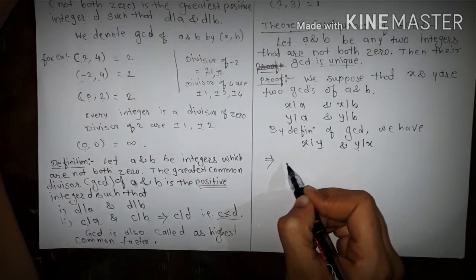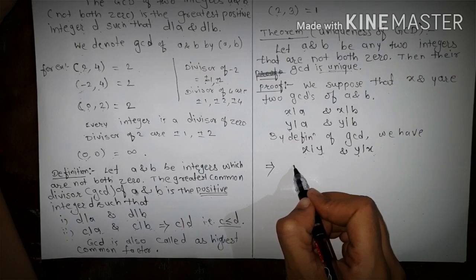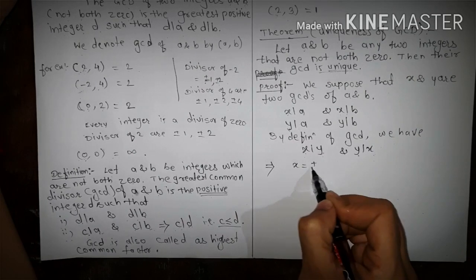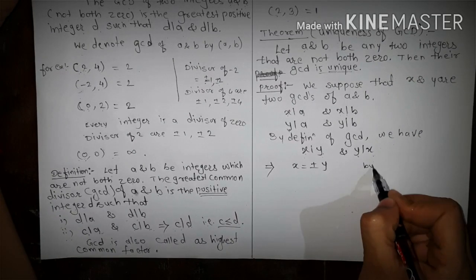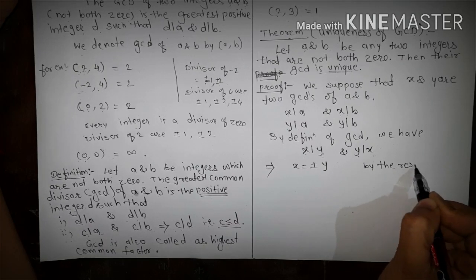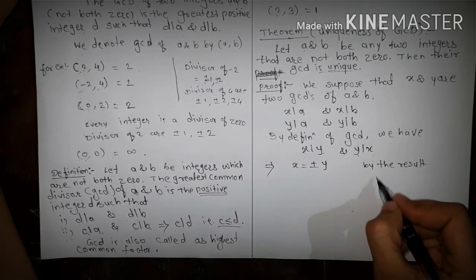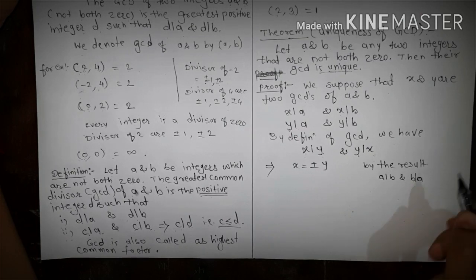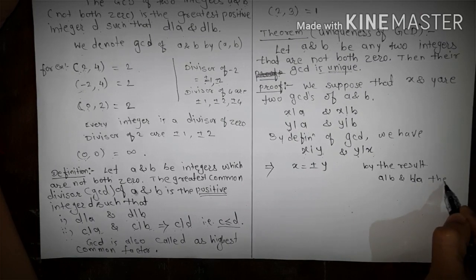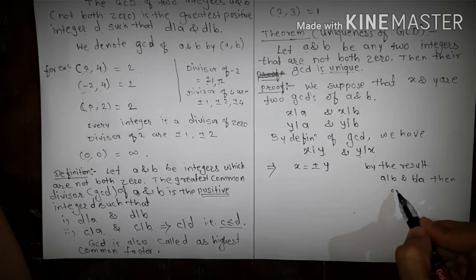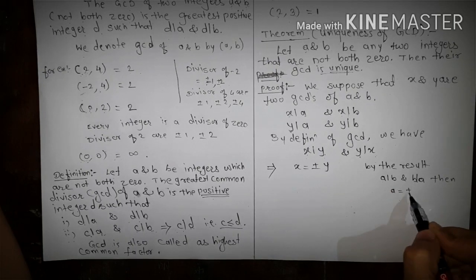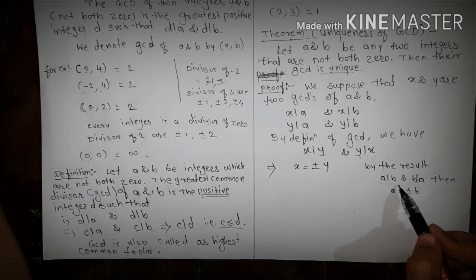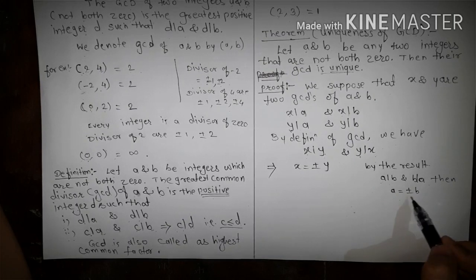This implies x equals plus minus y, by the result we know that if a divides b and b divides a, then a equals plus minus b. Okay, we saw this in proving the properties of divisibility, right?